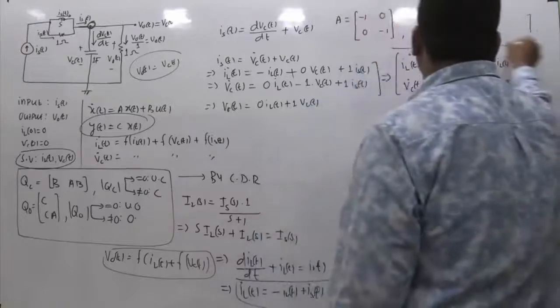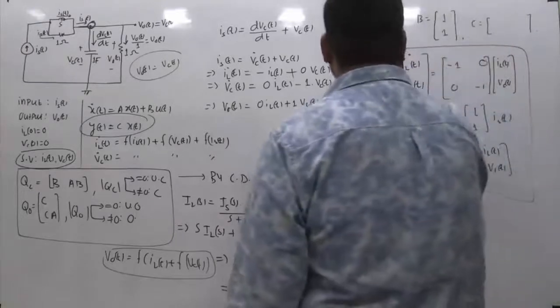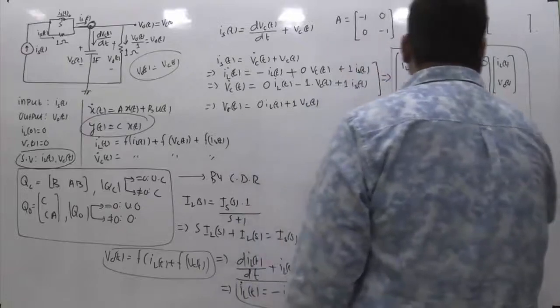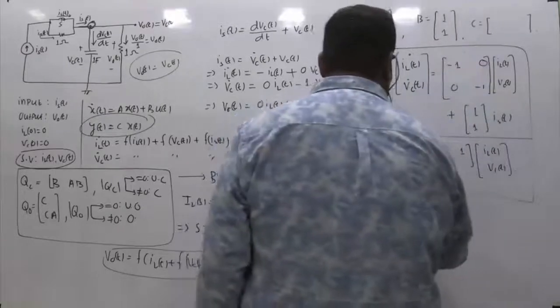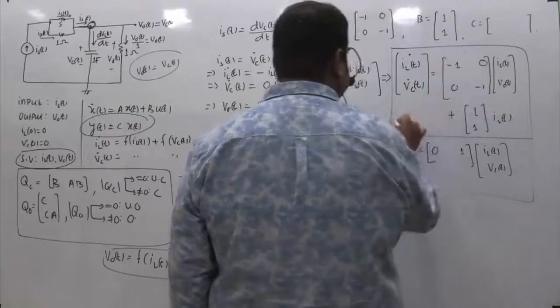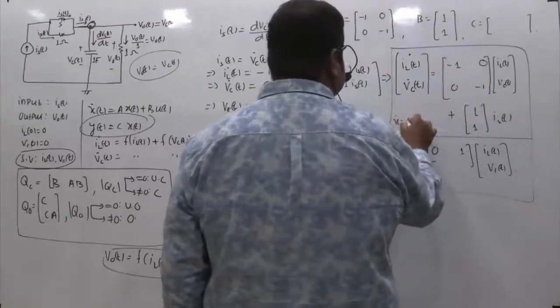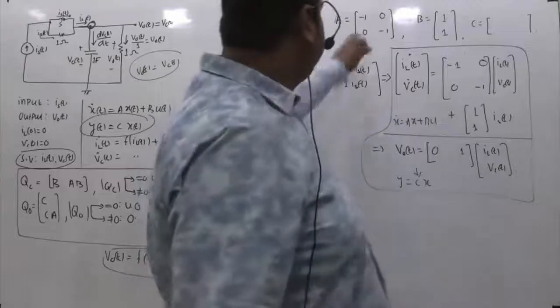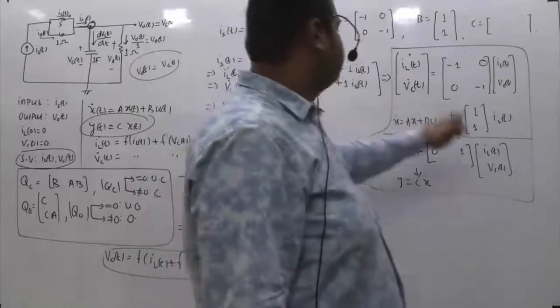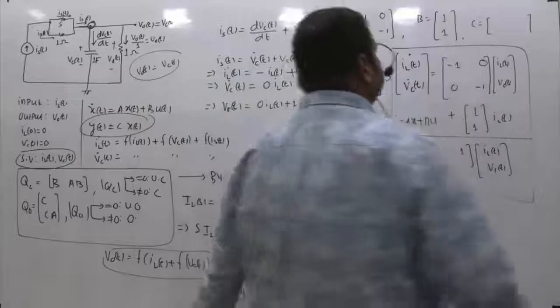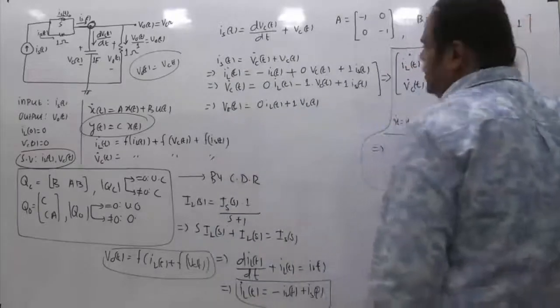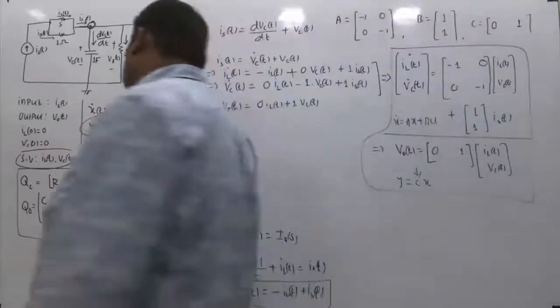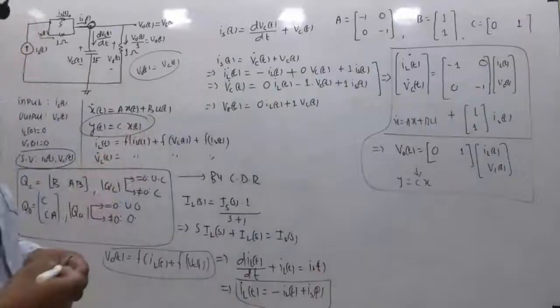So this is the two sets of equations. This is equivalent to y equal to Cx, and this is equivalent to x dot is equal to Ax plus Bu. By comparison we got the A matrix, by comparison we got the B matrix, and by comparison we are getting the C matrix, which is 0 and 1, and that's what we were expecting. I got A, I got B, I got C matrix.